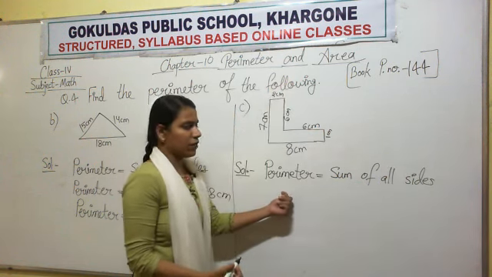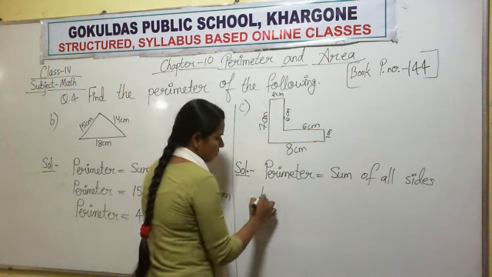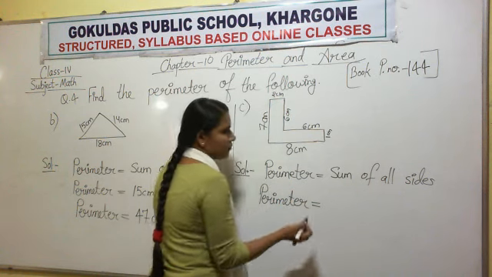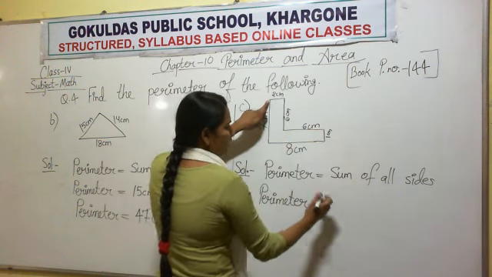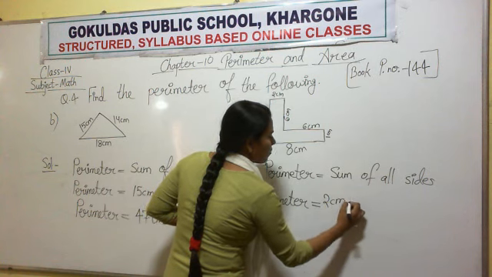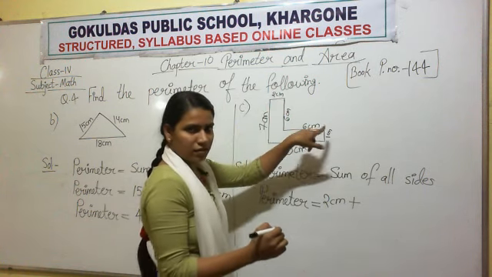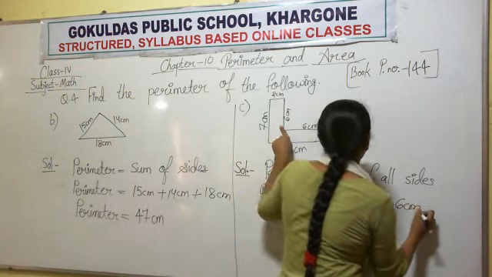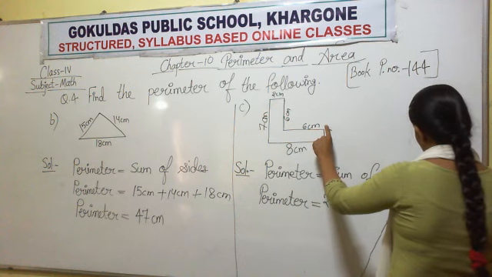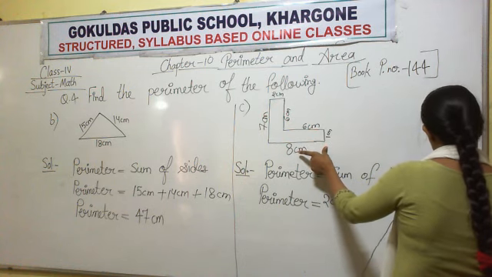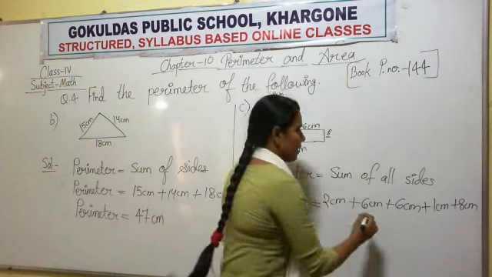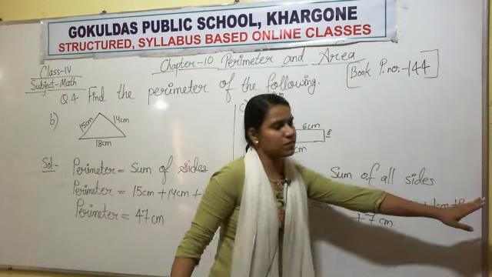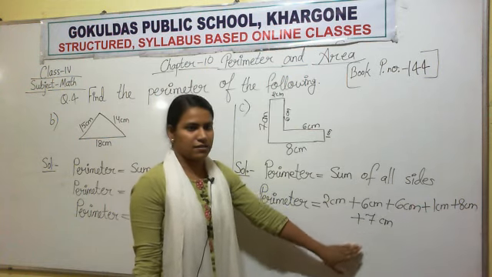In the next step, the first side is 2 centimeter, so write 2 centimeter plus all the lengths: 6 centimeter plus 6 centimeter, then the next sides 1 centimeter plus 8 centimeter, and one side is left, so write plus 7 centimeter. I have no space further, so I am writing it in the next line.